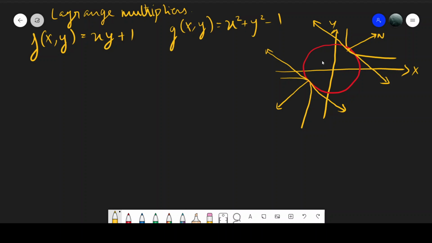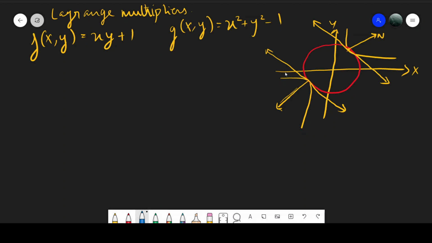And we also know through geometry that the gradient vector is normal to the level curve. So the gradient vector is normal to the level curve, and the gradient vector is basically on this normal as well. So what happens here is that we can say that the gradient of g of xy is a scalar multiple of the gradient of f of xy, or the other way around.